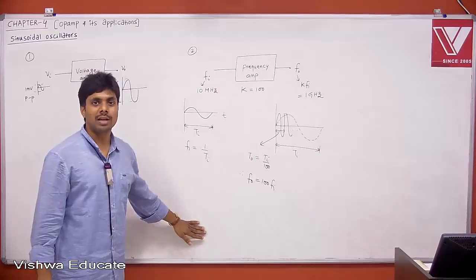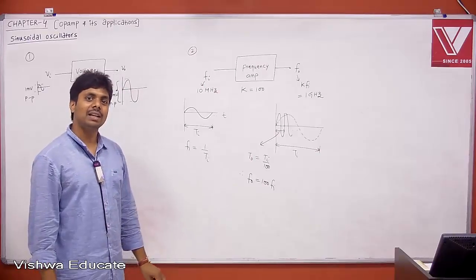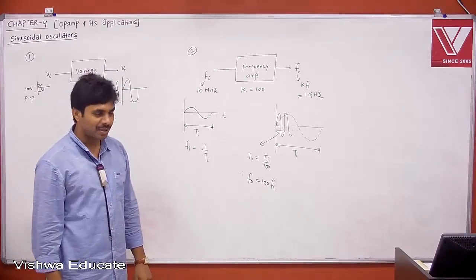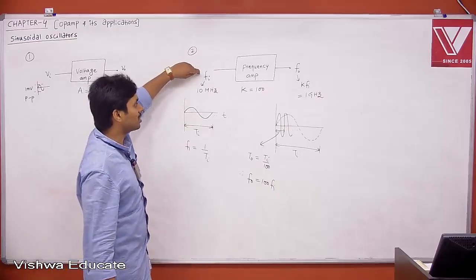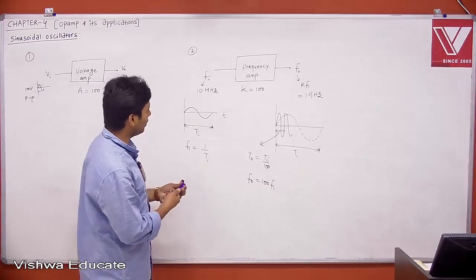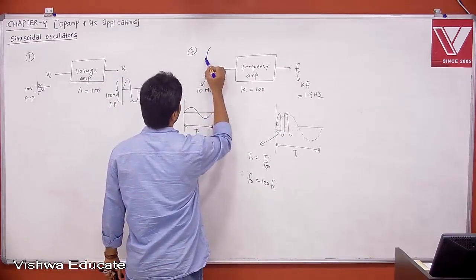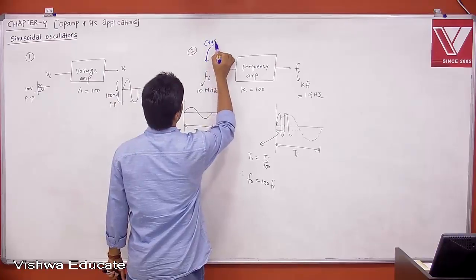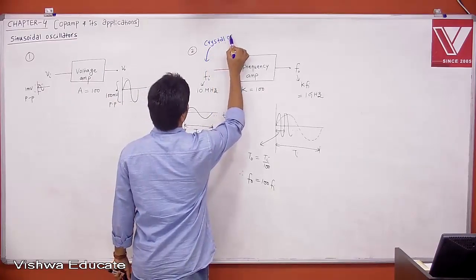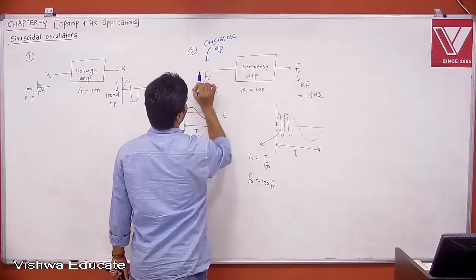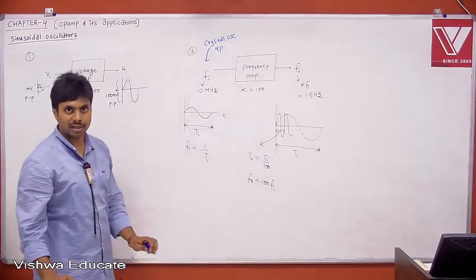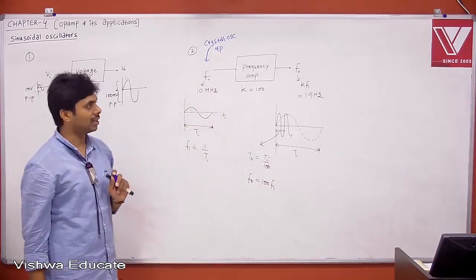What was the conclusion? Combine a crystal oscillator and an LC oscillator. Let me tell you. This is the crystal oscillator input, and this is the crystal oscillator output. That output you give to your frequency amplifier, let us say. But how to get the frequency amplification, I will tell you.